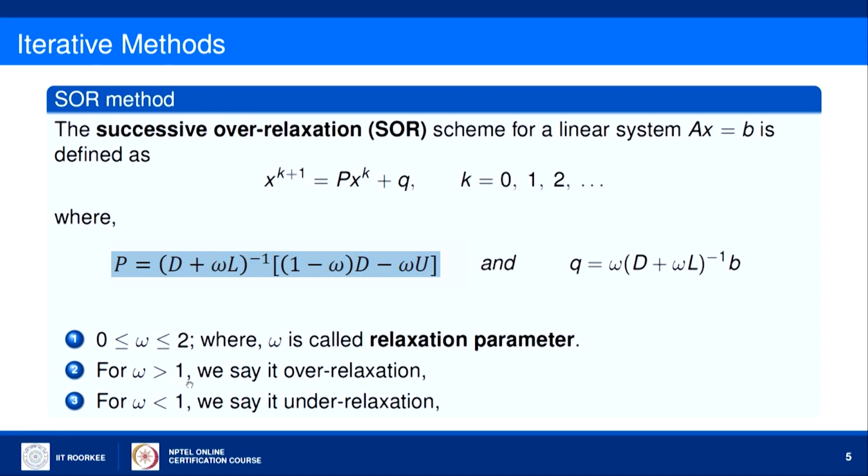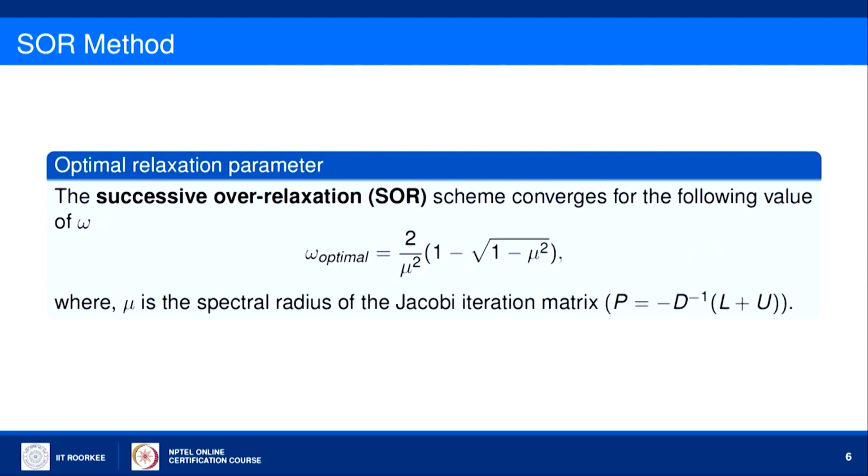For omega greater than 1 we call it over relaxation, for omega less than 1 we call it under relaxation. One more thing: how to compute the optimal value, because omega lies between 0 and 2. What will be the optimal value for a given problem so that the scheme converges faster?